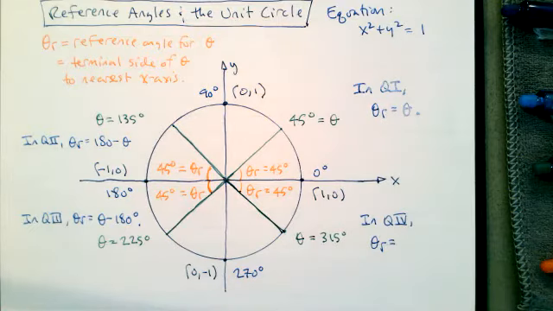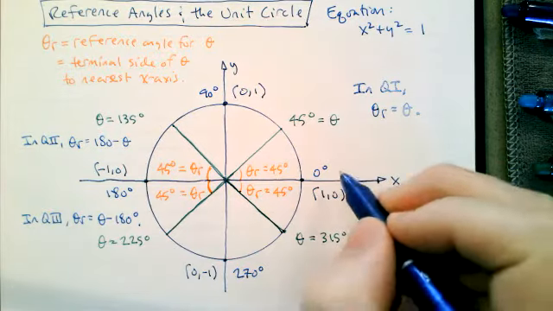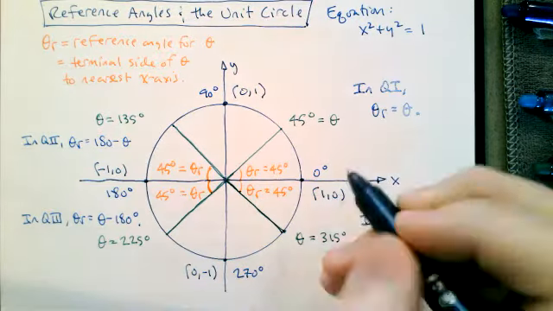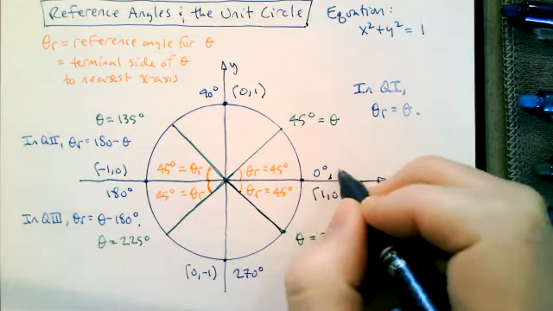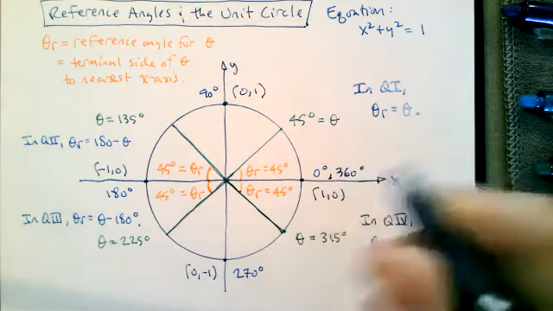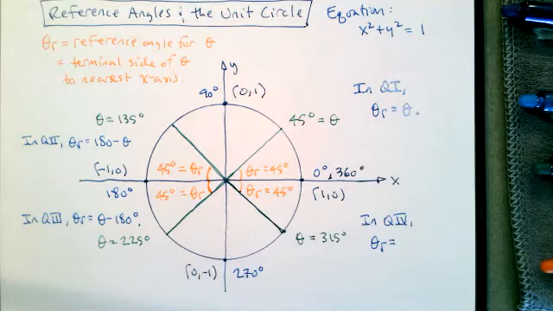how does it look? How do we figure out theta r? How do we find the reference angle in the fourth quadrant? We know that this 0 is also a 360. So we want to figure out how far it is to keep going to get to the positive x-axis.